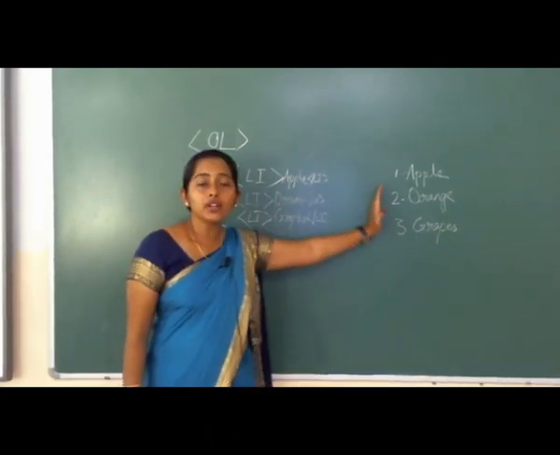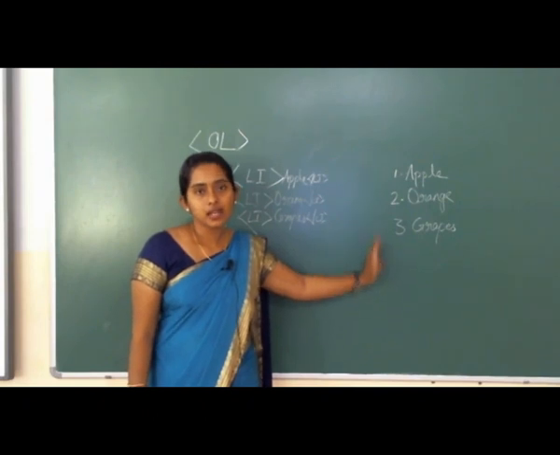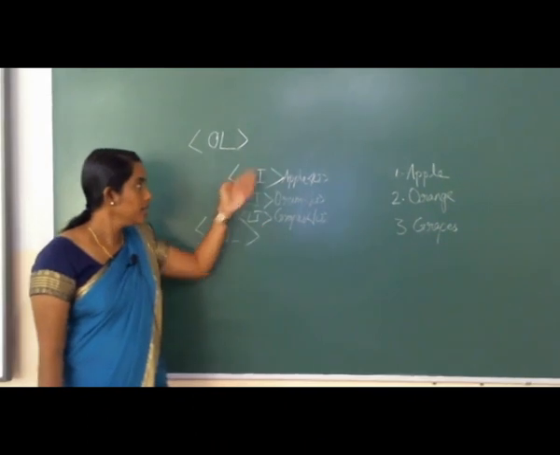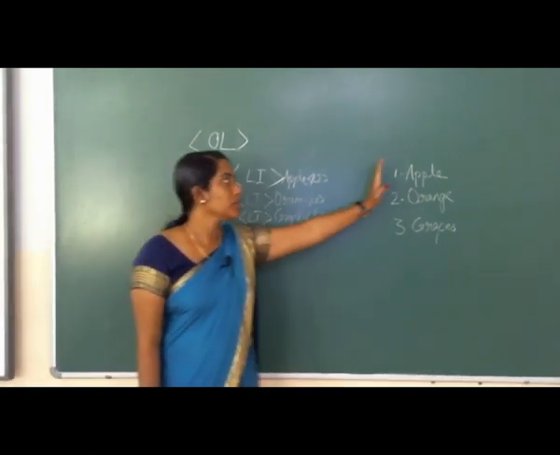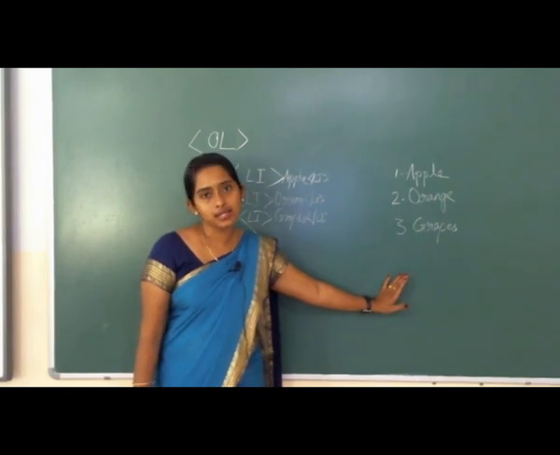Ordered. There should be an order for the list items. 1, 2, 3, 4, 5, however many it is that we are writing here. In that particular order, there will be numbering for the ordered list.